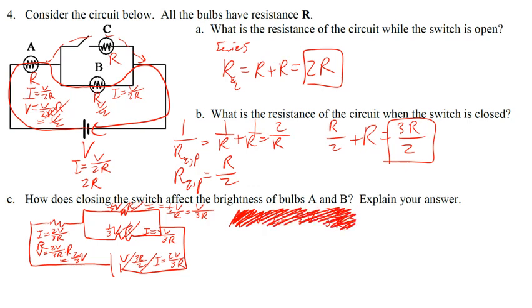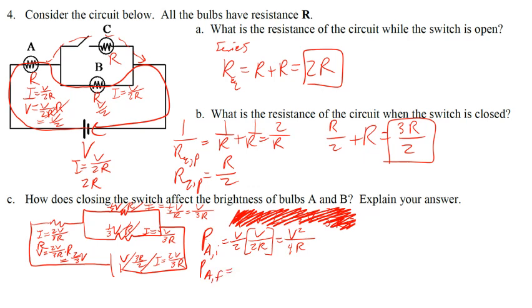Okay. So let's look at the power on A when we first got started. Now the voltage when we first got started was V over 2. The current when we first got started was V over 2R. So if we use that, that's V squared over 4R. Now our final though is going to end up switching up.